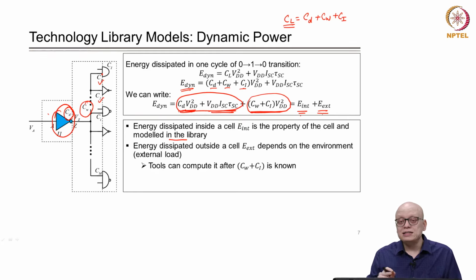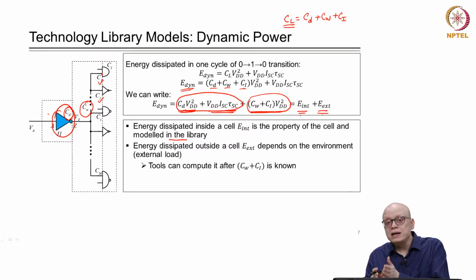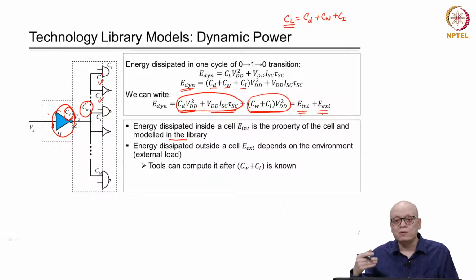So, the energy dissipated outside the cell can be computed by the tool based on the activity and the power supply and the external capacitances at the time of power estimation, or power computation.